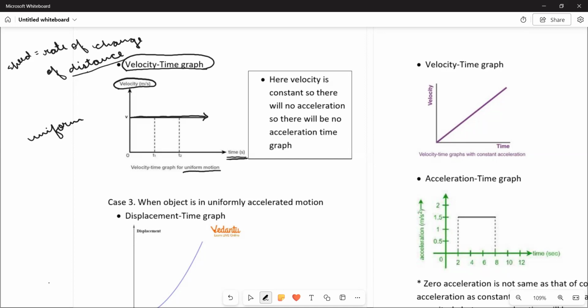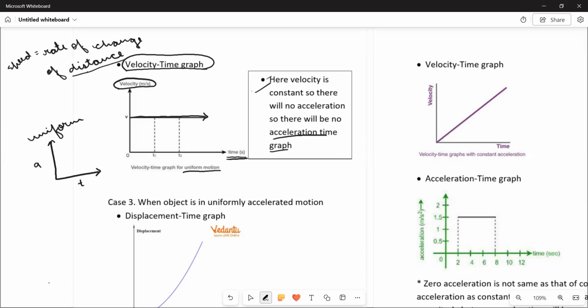And here velocity is constant. Check this point: here velocity is constant. So there will be no acceleration, and there will be no acceleration time graph. Even if we try to draw the acceleration time graph, it will be like this. This is time and this is acceleration.